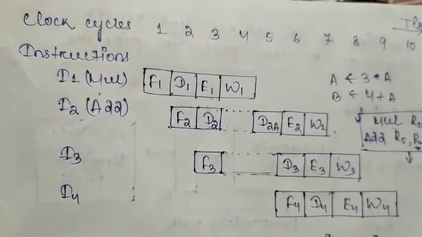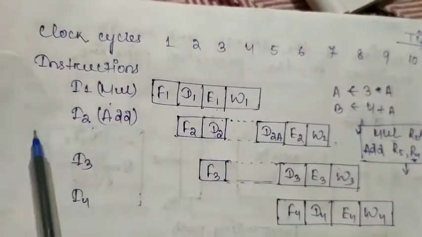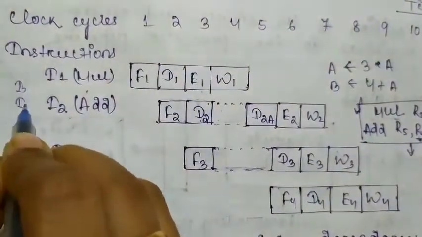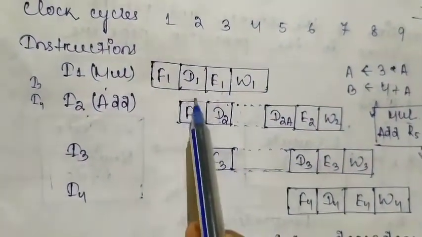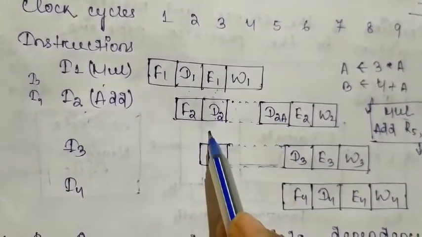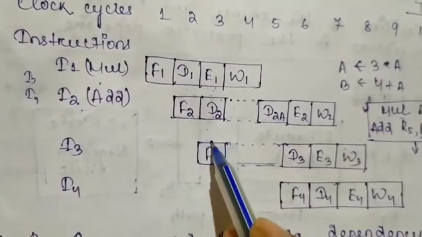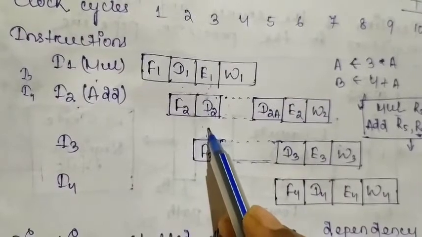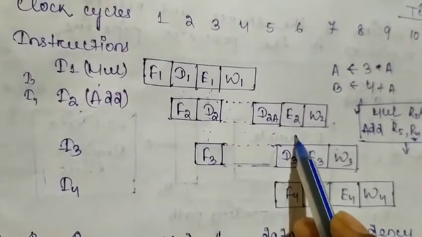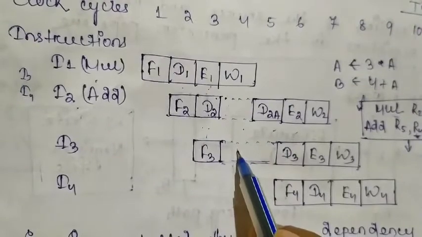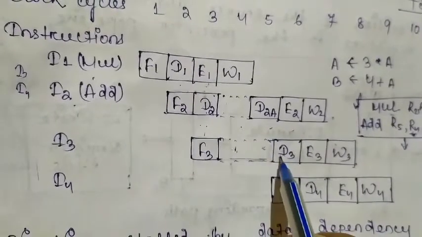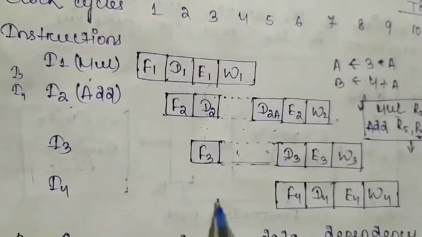If I reorder these instructions, I3 here and I4 here, then I3 goes through F3, D3, E3 and W3, and I4 goes through F4, D4, E4 and W4.